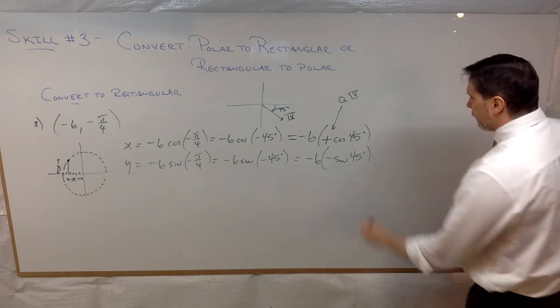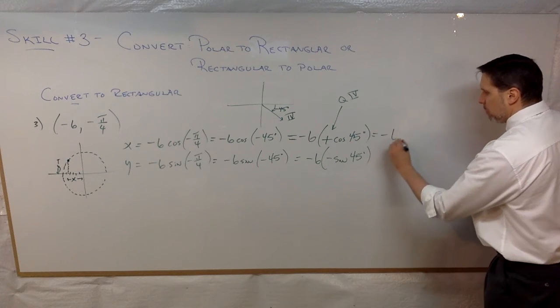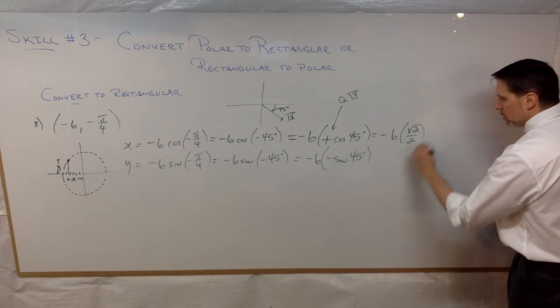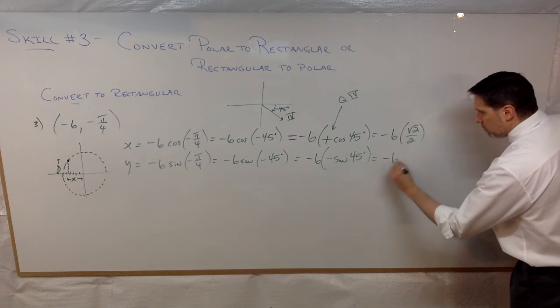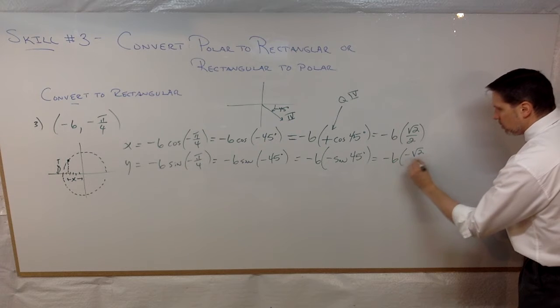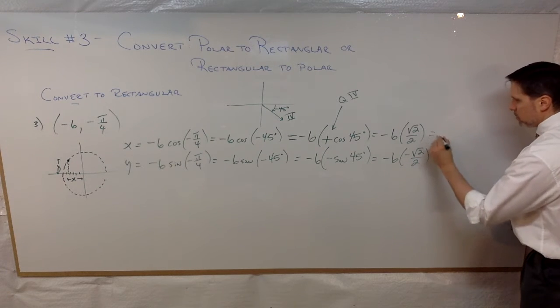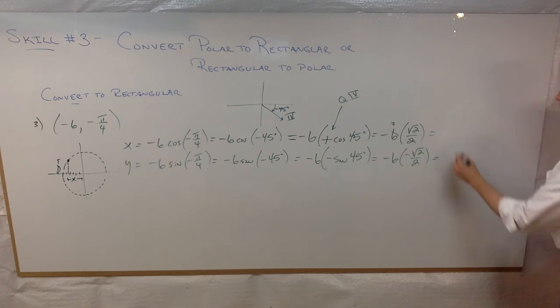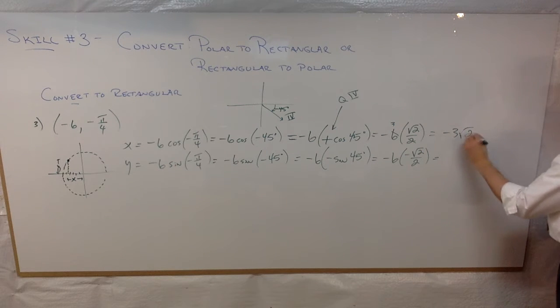Cosine of 45, if you remember from last chapter, is the square root of 2 over 2. And negative sine of 45 is negative square root 2 over 2. 2 goes into 6 three times, so we get -3 square root 2.